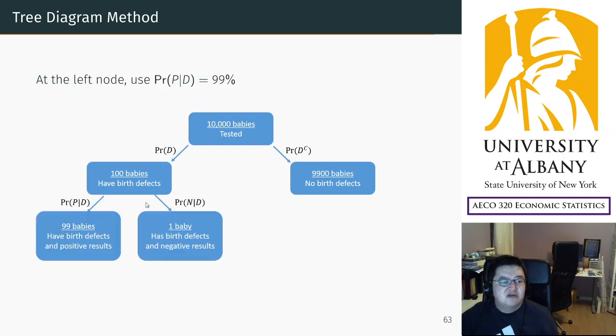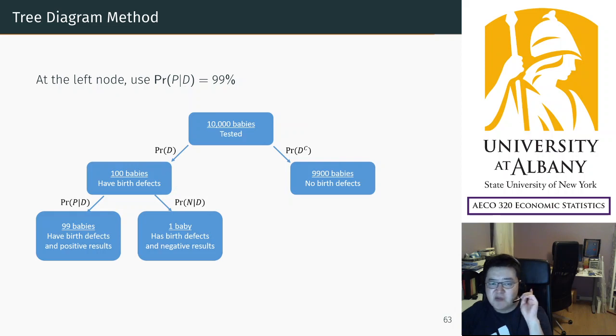And at the left, out of 100 babies, if you conduct the test on these baby samples, then 99% of the results must be positive, and only one negative result. So out of 100 babies with birth defects, 99 get positive results, but one baby has a negative result, right?